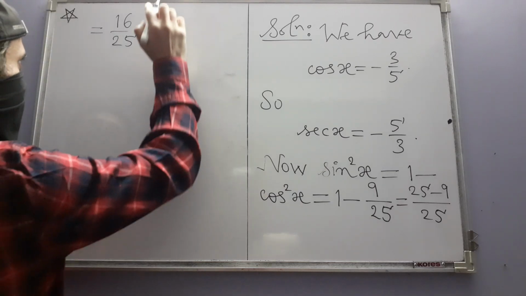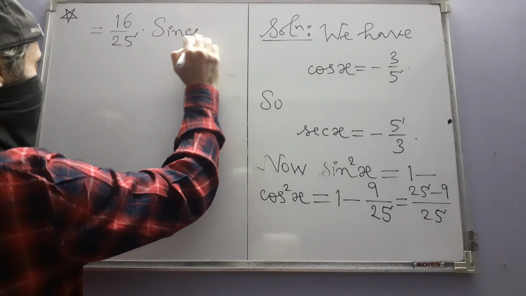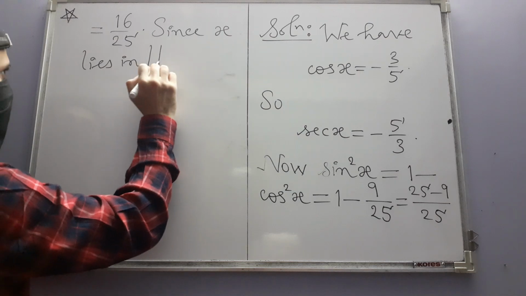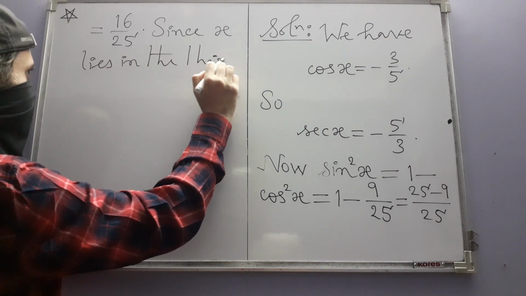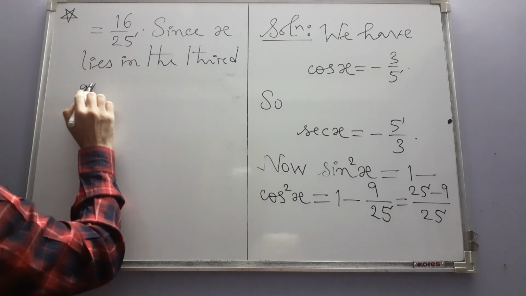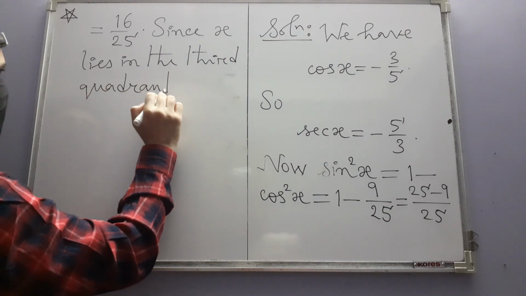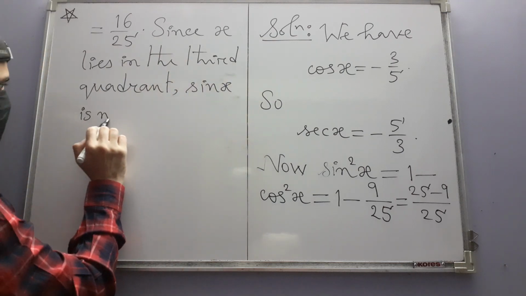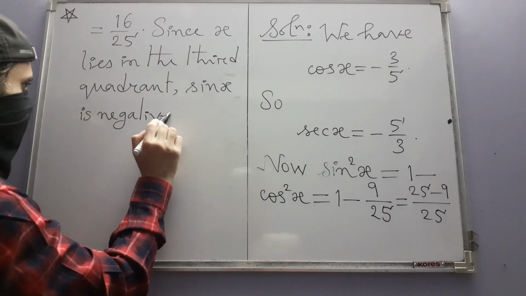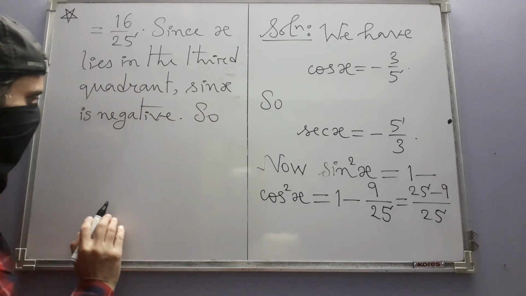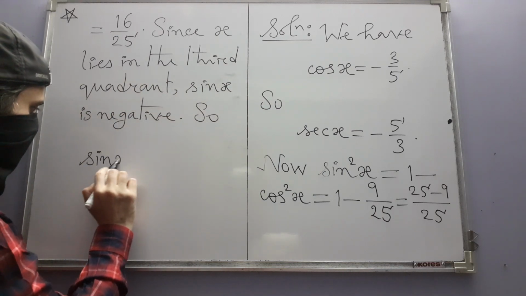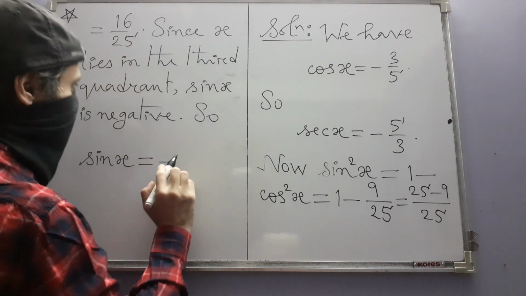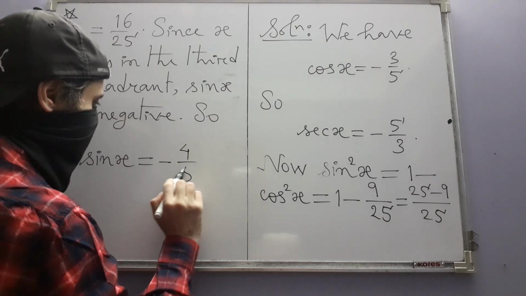So after this you write like this: since x lies in the third quadrant, sin x is negative. So sin x will be the negative square root of this, that means minus 4 divided by 5.